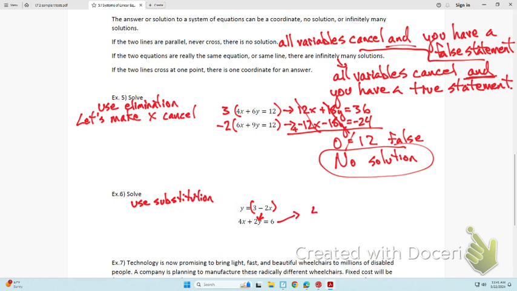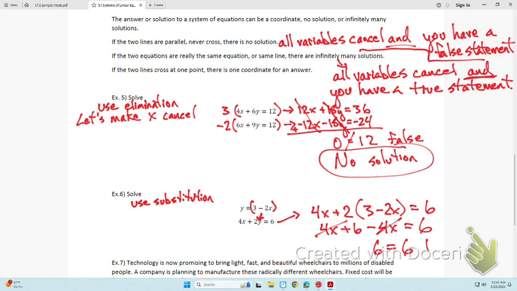So 4x plus 2, substitute 3 minus 2x in place of y, equals 6. 4x plus 6 minus 4x equals 6. And sure enough, the x's cancel again. But this time I have something that makes sense. 6 does equal 6. That is true. So infinite solutions.